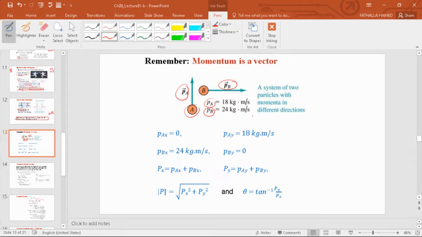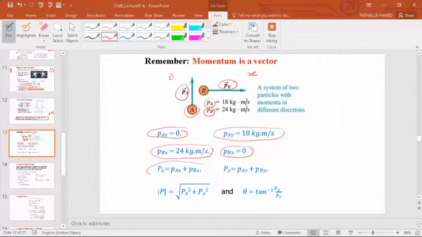Now, that's in 2 dimensions. This is moving along the Y, this is moving along the X. So if I look at my mass A, it has 0 momentum in the X direction, but it has 18 kilogram meters per second in the Y. If I look at the mass B, it has an X component of 24 kilogram meters per second, but it will have 0 in the Y component.